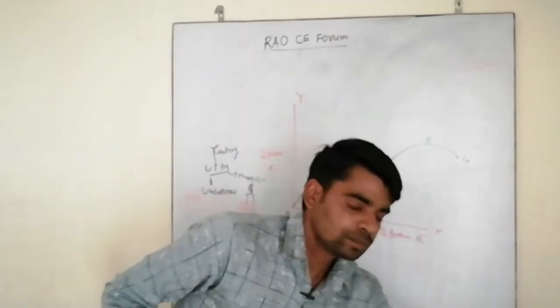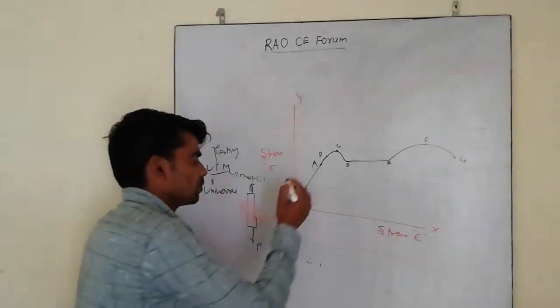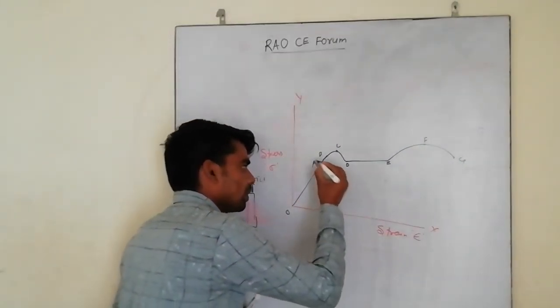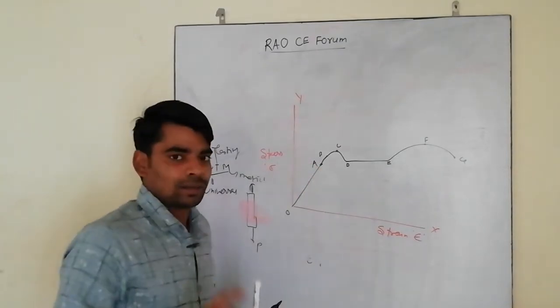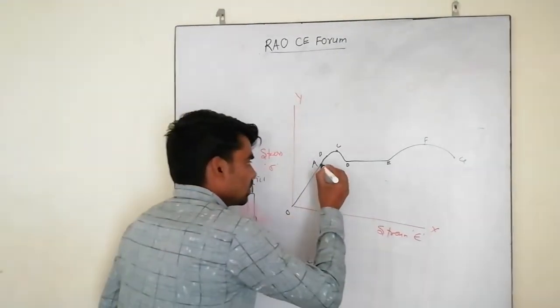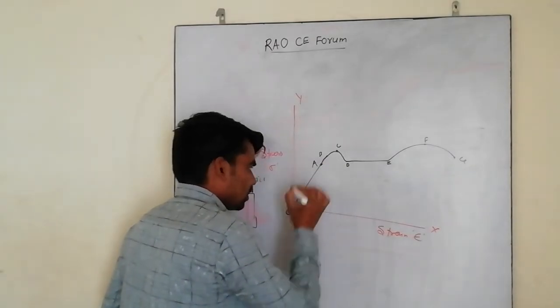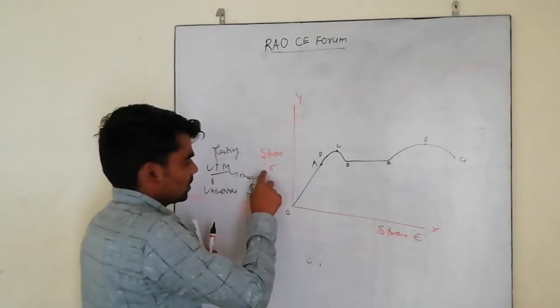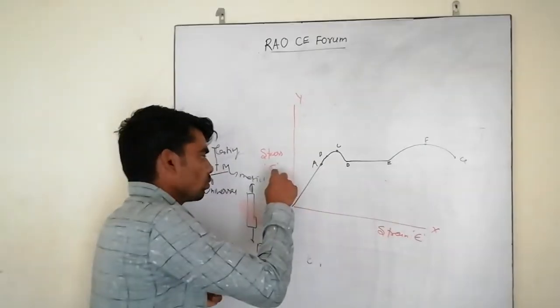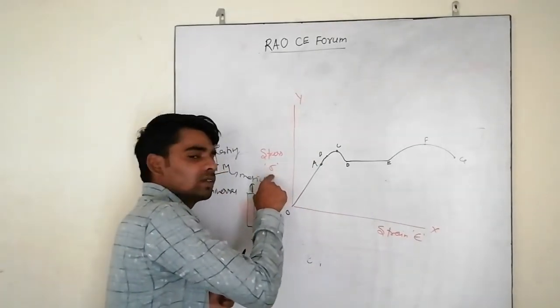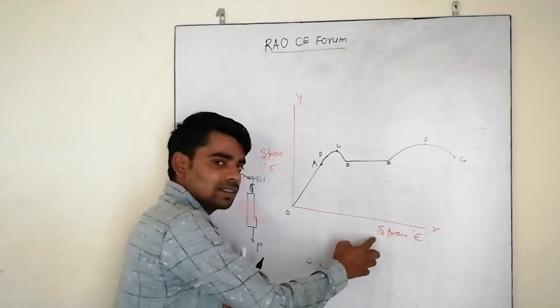Okay friends, so without wasting time, we will describe one by one the parameters which the stress strain diagram describes. Up to point A, the stress and strain remain proportional, the same ratio.